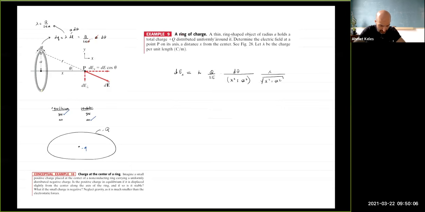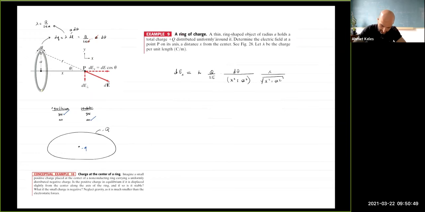The nice thing is that the parallel components add up, so I can just put the projection, which is cosine. If you multiply this with cosine, you get the parallel component, and now I can integrate it to get the whole thing. If we agree on this, the problem is done.